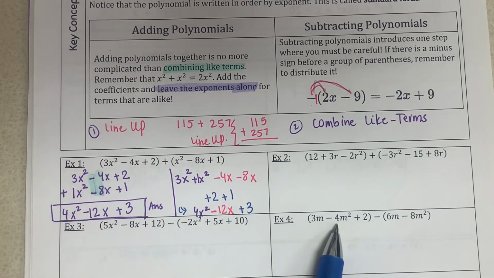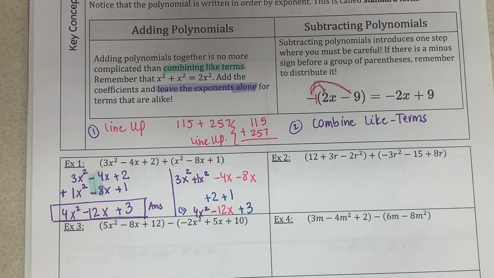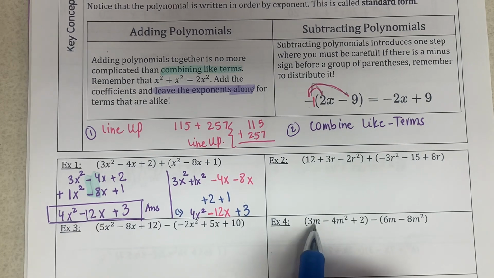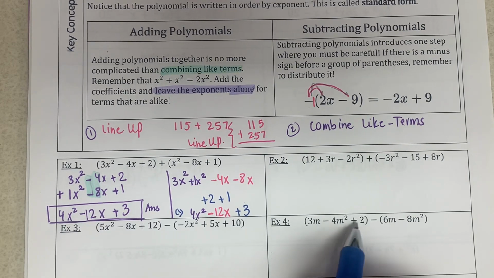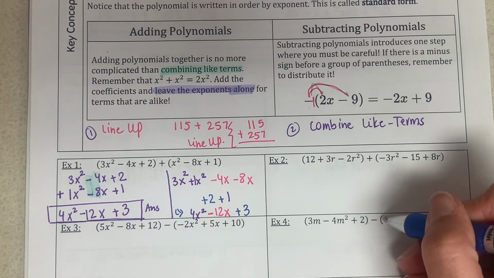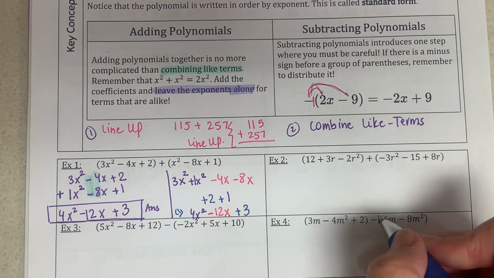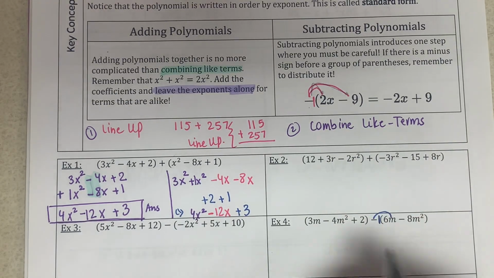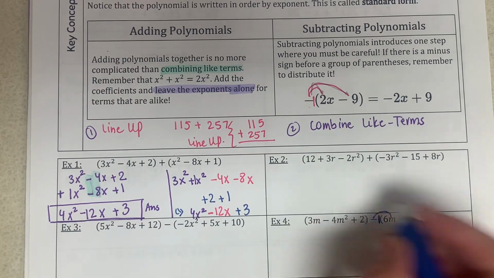I am going to do number 4 in the subtraction, and let's see. 3m minus 4m squared plus 2 minus, so this is subtraction, 6m minus 8m squared. Now, first thing you have to do is, this is subtraction, so I have to distribute the negative sign. So I'm going to write everything and I'm going to open the parentheses.